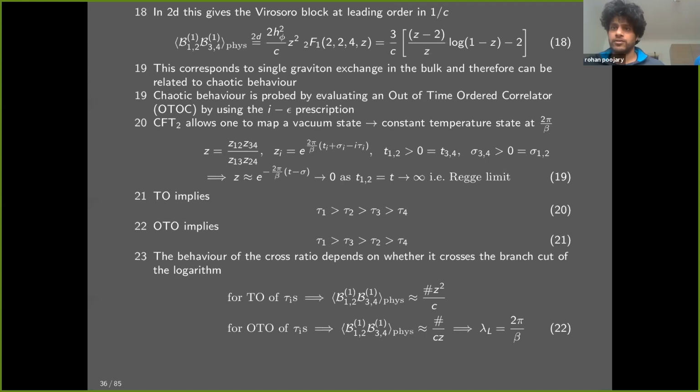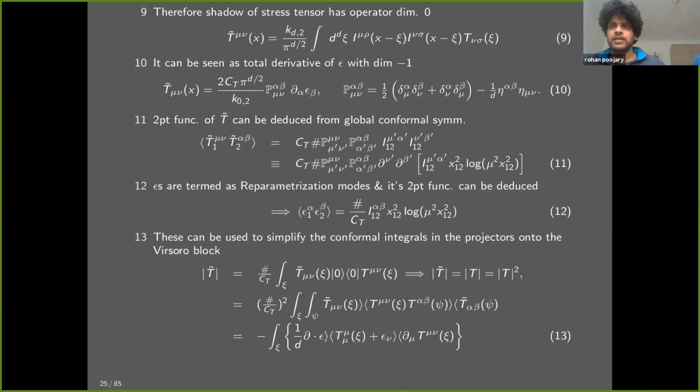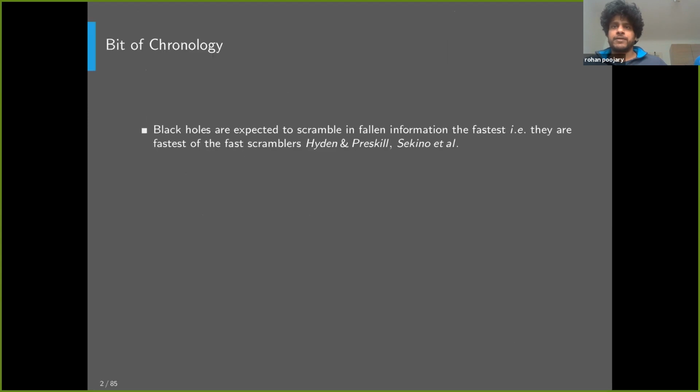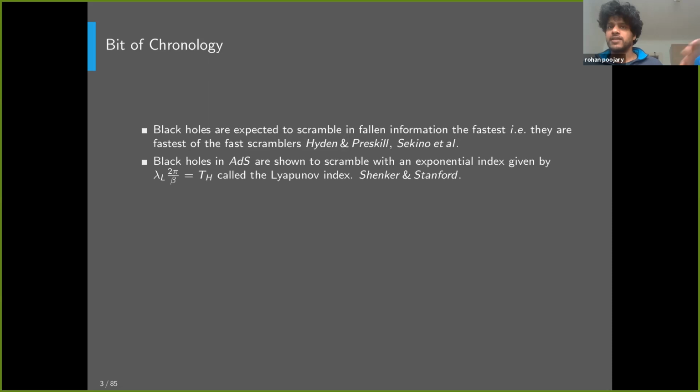Okay, so let me start from the beginning, having told you what this is and where this kind of thought has originated from. As you know, scrambling is expected of large systems, and there are so-called fast scramblers, and black holes are the fastest scramblers, and they have a Lyapunov exponent.